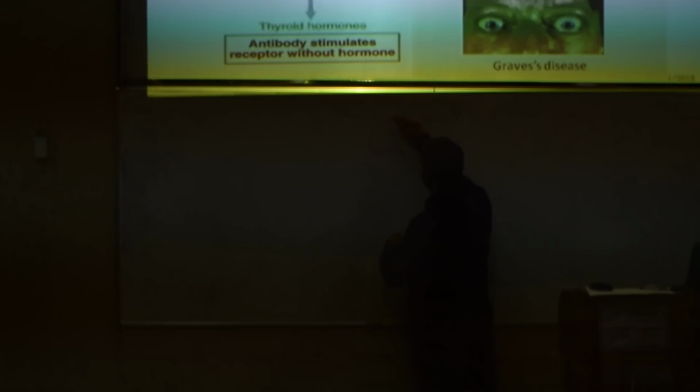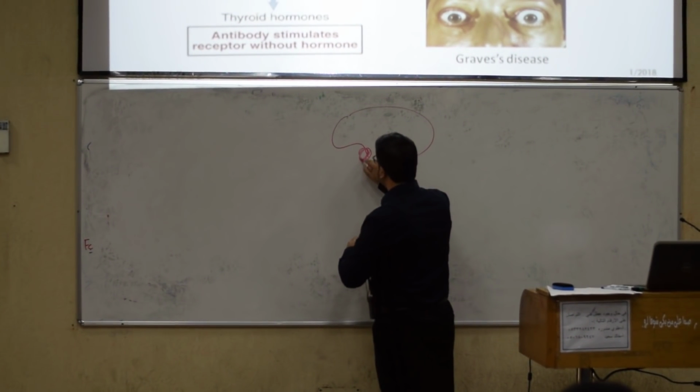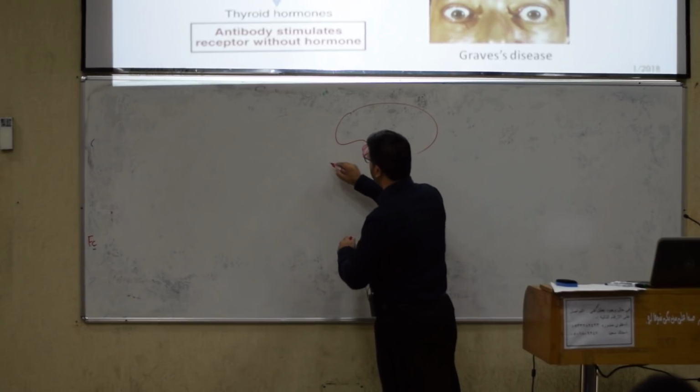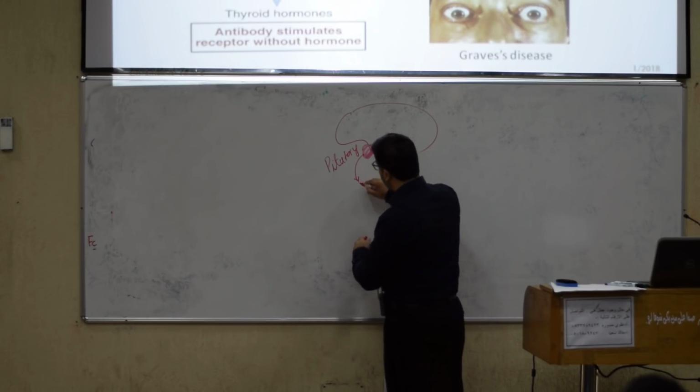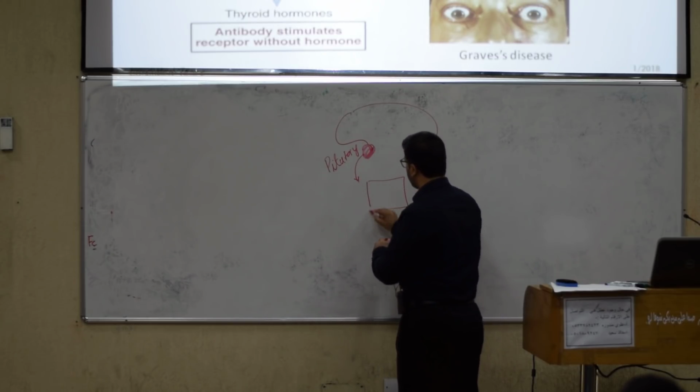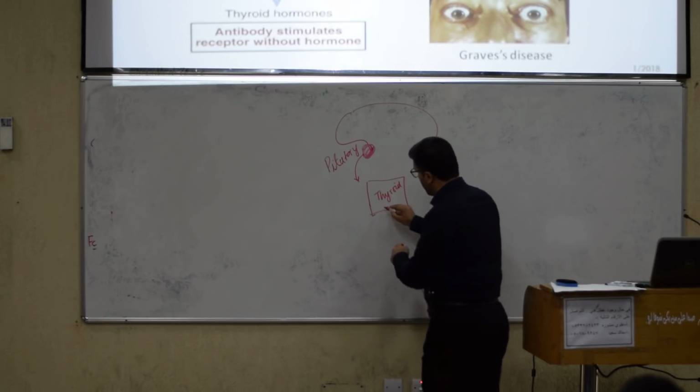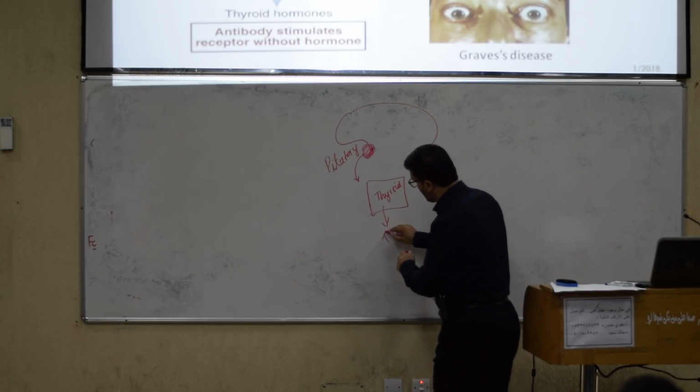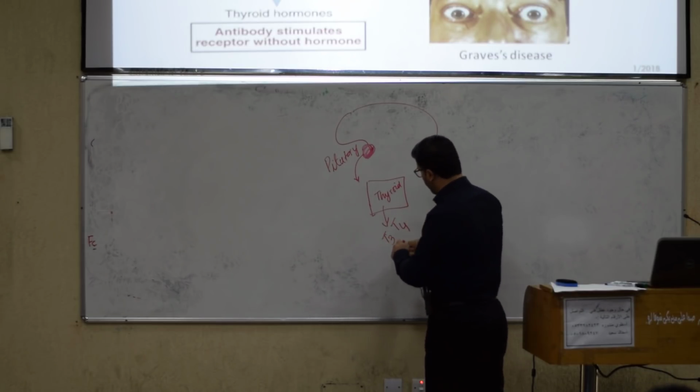So let's say in the brain, at the base of the brain, there is a gland which is called the pituitary gland. This controls the thyroid gland. And then the thyroid gland produces two hormones, T3 and T4. Okay, and they perform different hormonal functions.